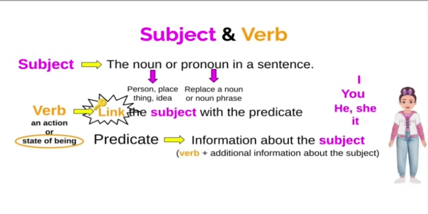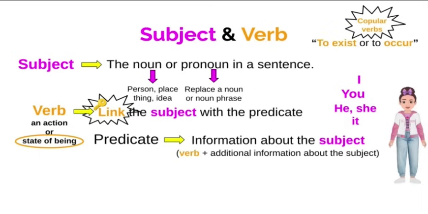So, a fancy name for verbs that link the subject with additional information about the subject is copular. Copular verbs are state of being or to be verbs. A to be verb simply means to exist or to occur.